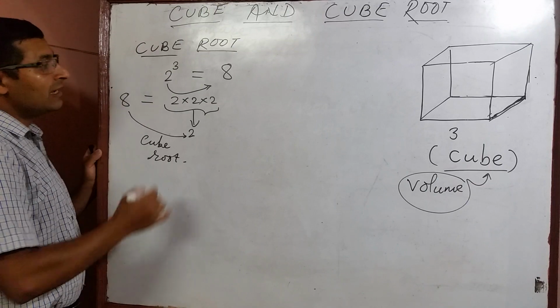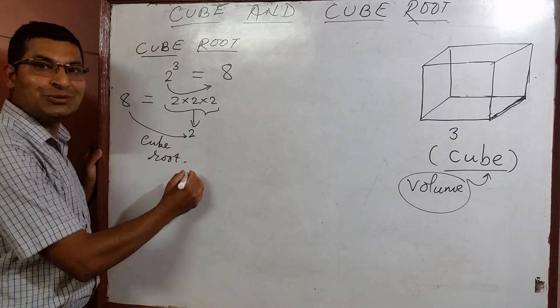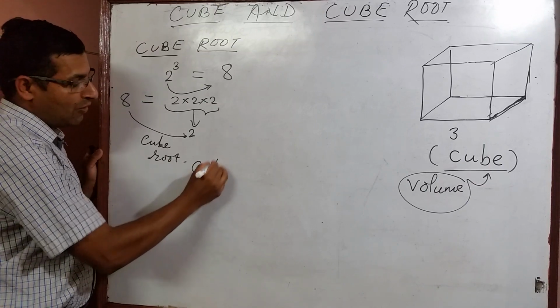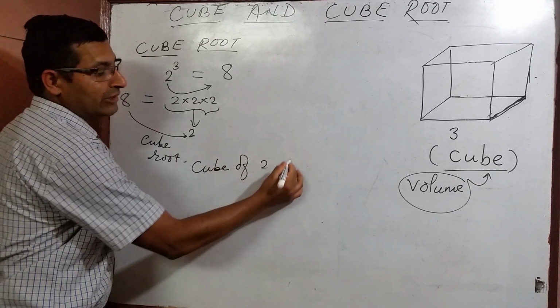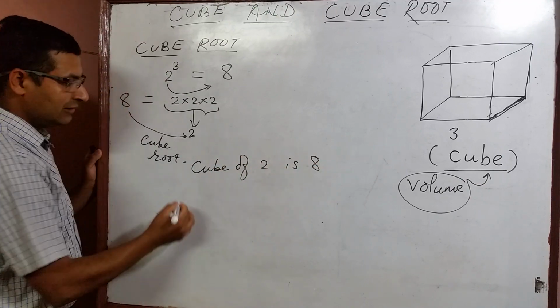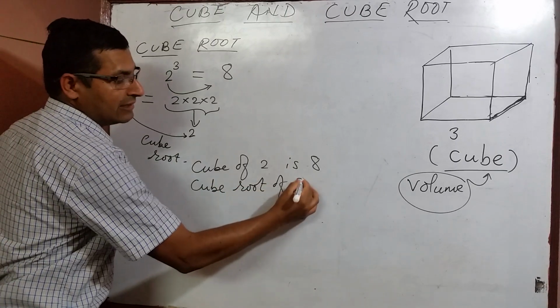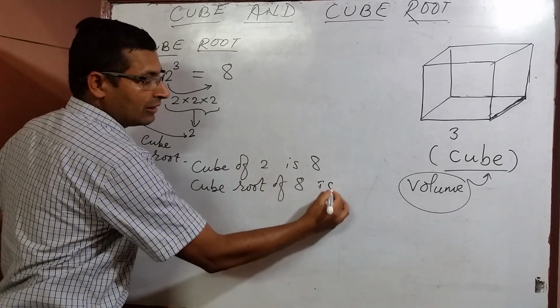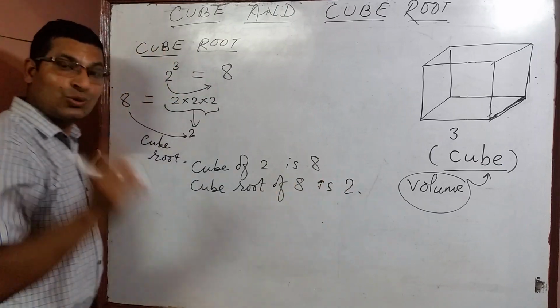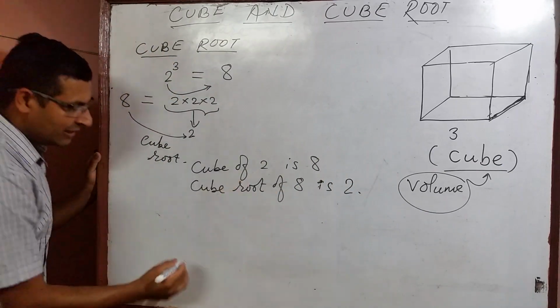So now we have to know that cube of 2 is 8, and cube root of 8 is equal to 2.